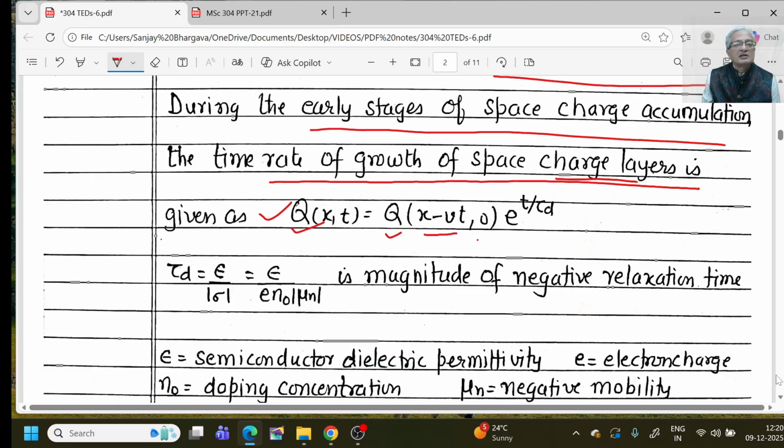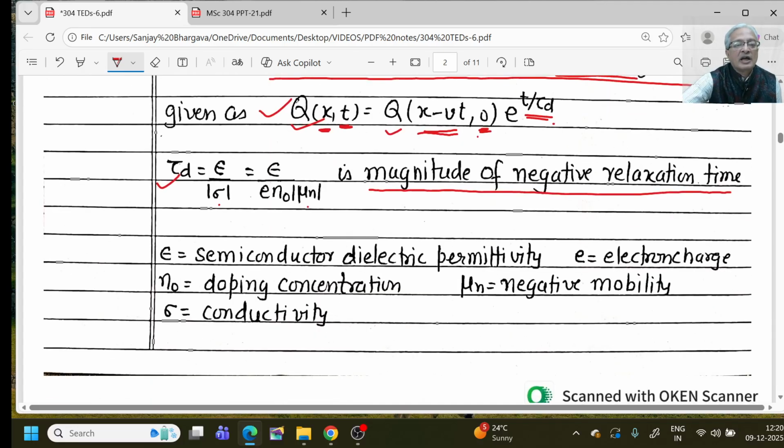Q represents the space charge at time t and position x, and it depends on the space charge at time t equal to 0 and at an earlier position x minus vt.